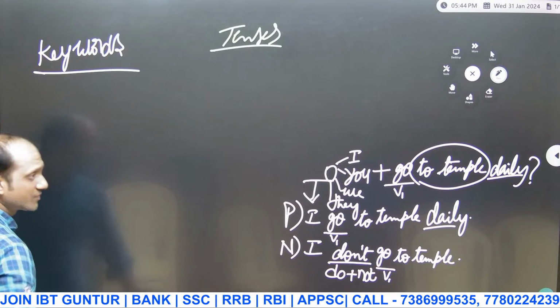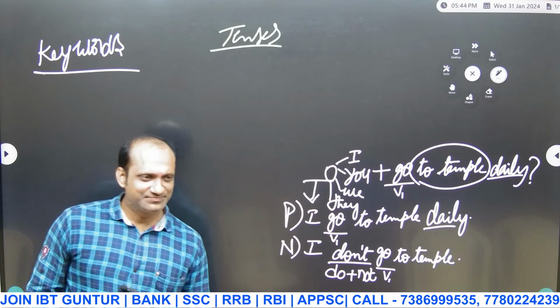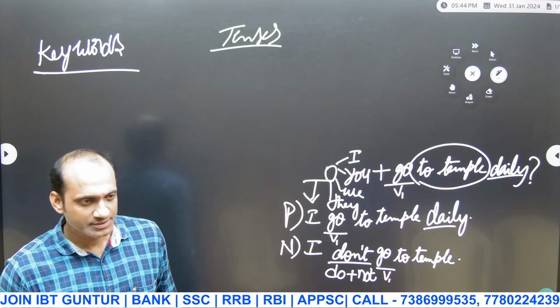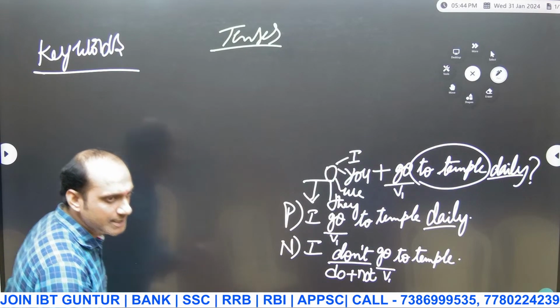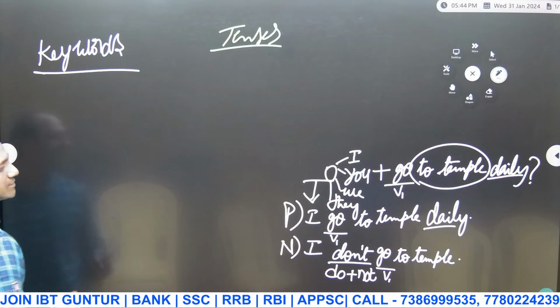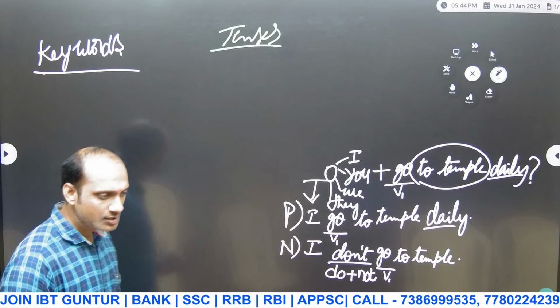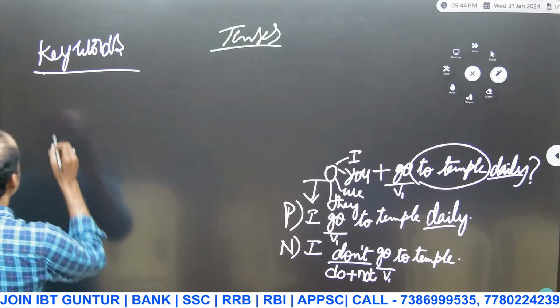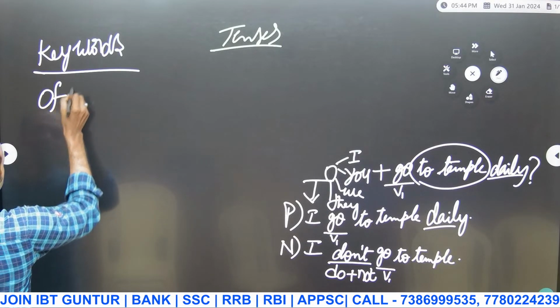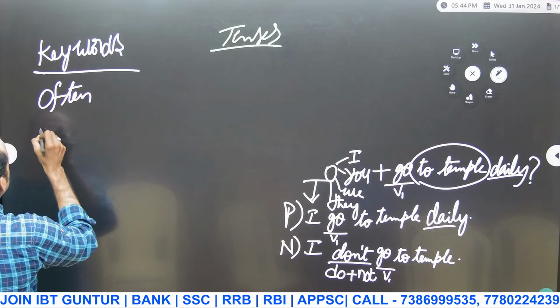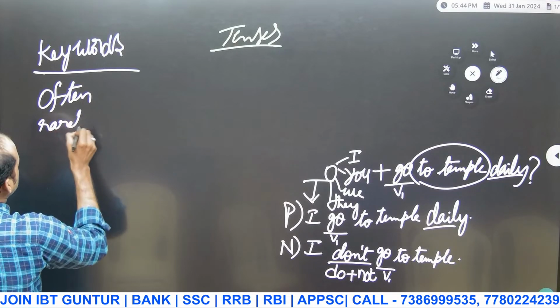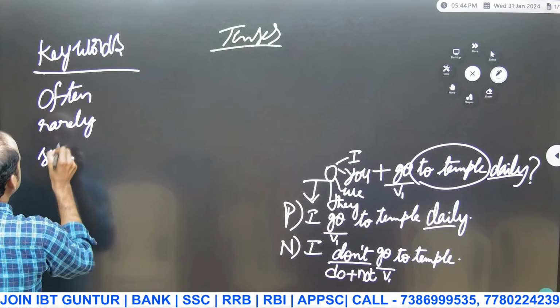Write down: daily, generally, usually, casually, frequently, rarely, often, rarely, seldom.